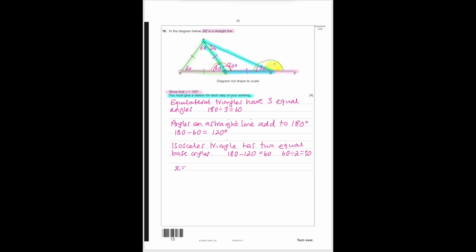So x is 180 degrees, take away that 30, because angles on a straight line add to 180, and I've already written that rule down, so I'm not going to write it again. So x equals 180 subtract 30, which is 150 degrees, which is what they wanted us to show.